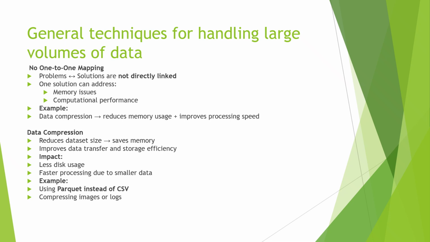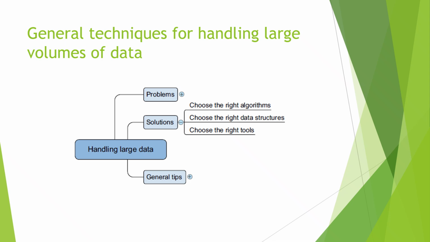By working with smaller data, systems require less storage space, reduce disk input-output operations, and enable faster data transfer. This leads to improved overall performance in both storage and computation. For example, using efficient file formats like Parquet instead of CSV significantly reduces file size and improves read-write speed. Similarly, compressing large data such as images or log files helps in saving storage space and enhances processing efficiency.